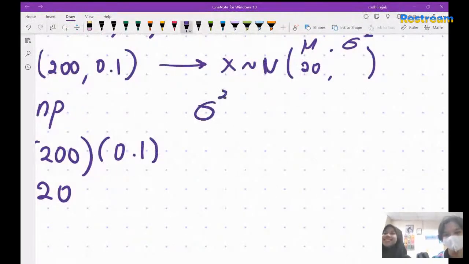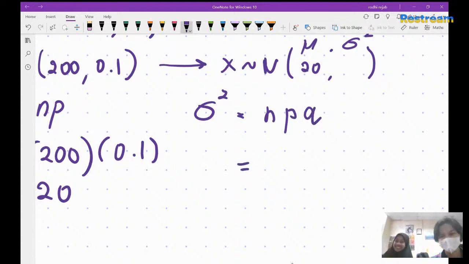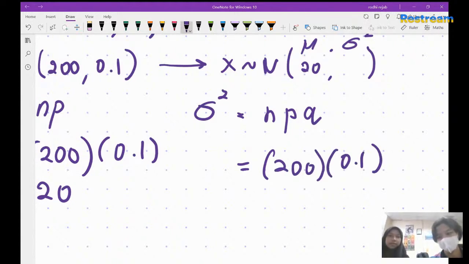And then we calculate variance. Variance is NPQ. So previously N is 200, P is 0.1, Q is 1 minus 0.1, which is 0.9, equals 18.